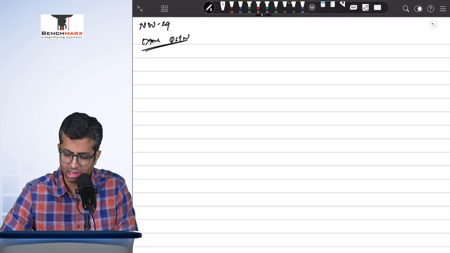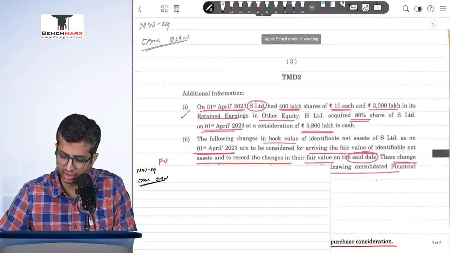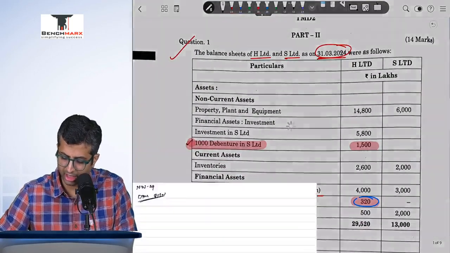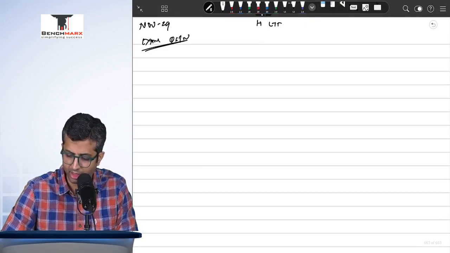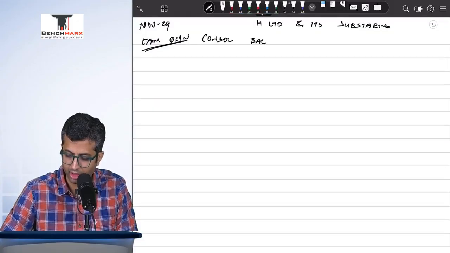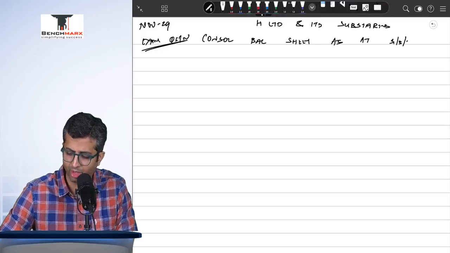So over here, let us say you will start with H Limited and its subsidiaries. Within this, you will say consolidated balance sheet as at 31st March 24 you have to find.